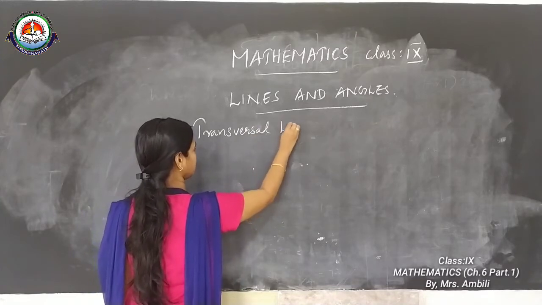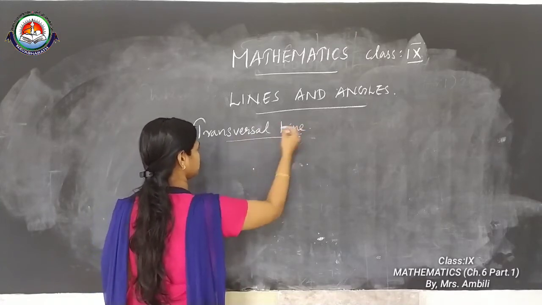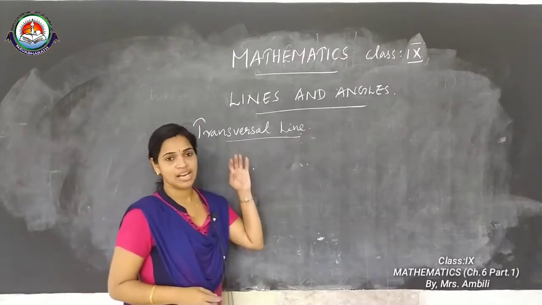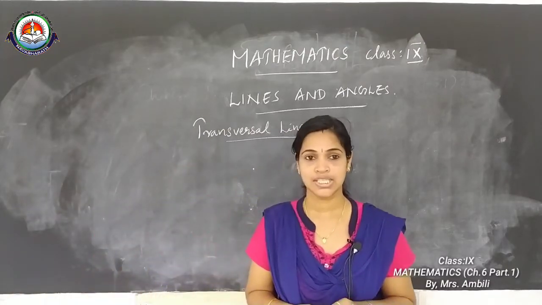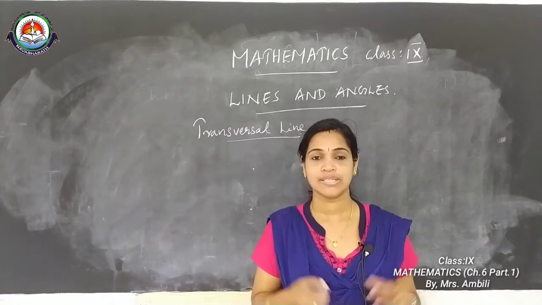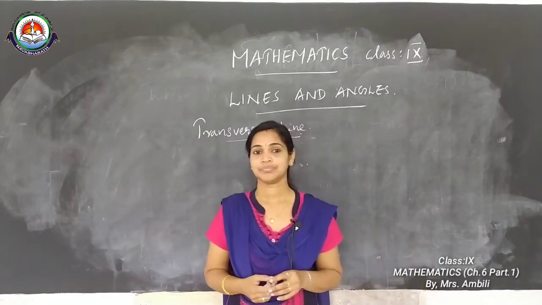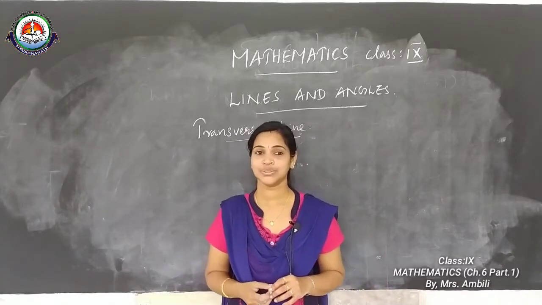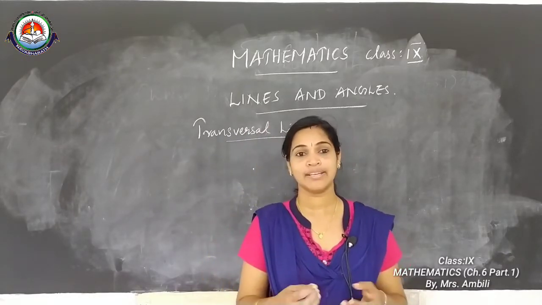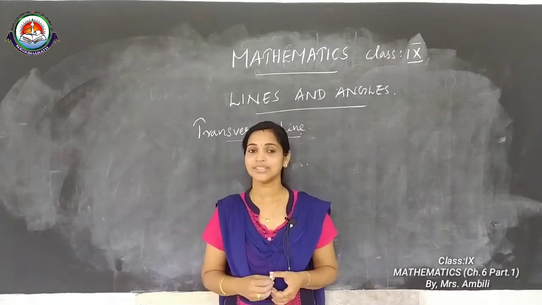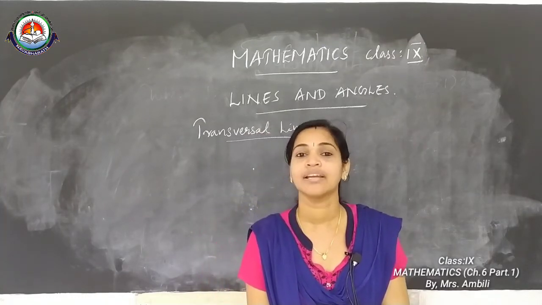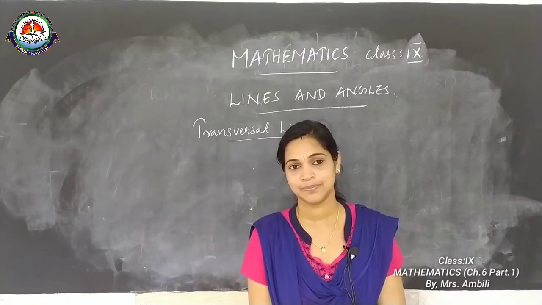You already studied what is a transversal line in your earlier classes. What is a transversal line? A line which intersects two or more lines at distinct points is called the transversal of the given lines.